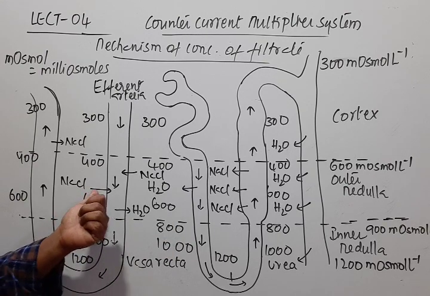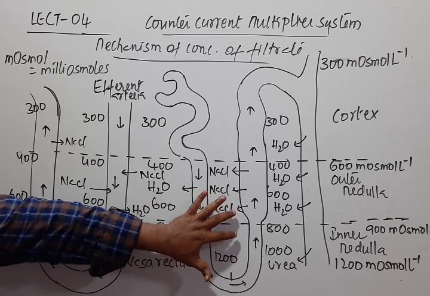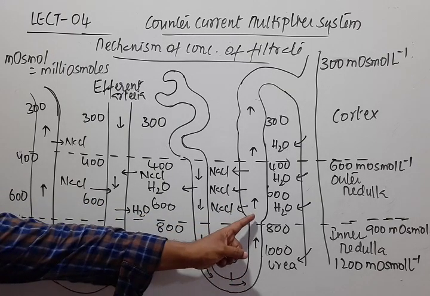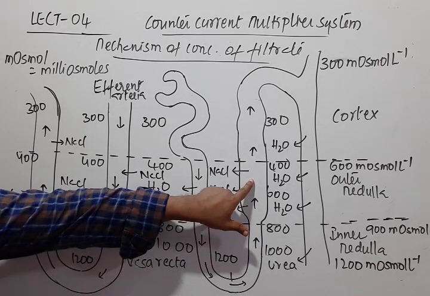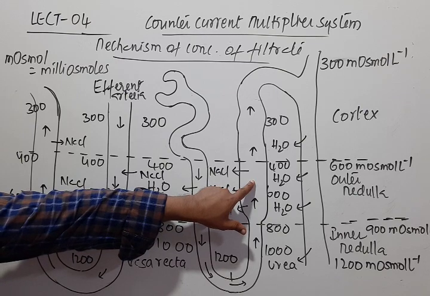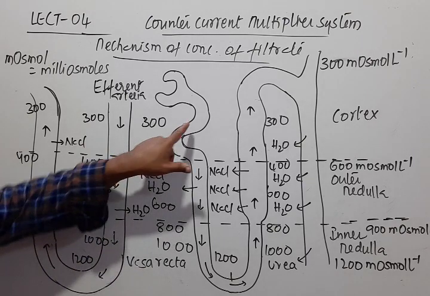Right. Because of this, as the filtrate moves up, we will see the filtrate becoming concentrated here. And finally, after the whole process is completed, the kidneys will be able to produce urine that will be 4 times more concentrated than the initial filtrate.